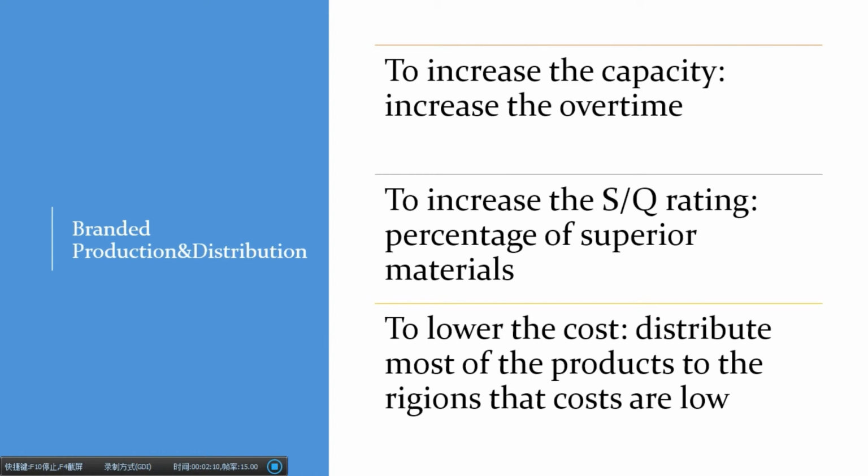First is to increase the percentage of superior materials, and second, we also have to lower the cost. To lower the cost, we can distribute most of the products to the regions where the costs are low.